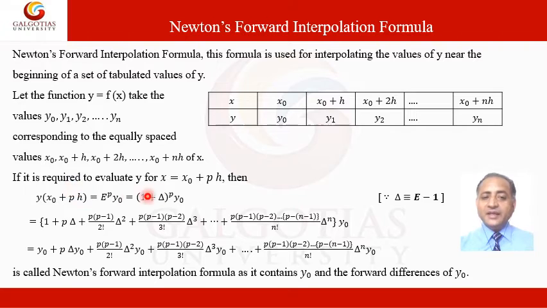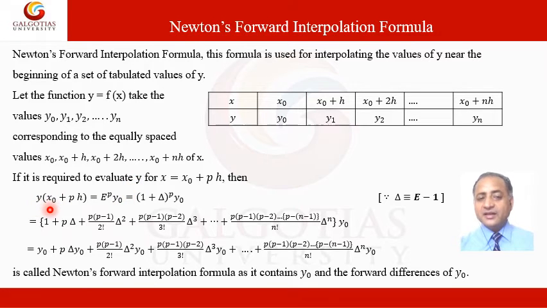Now, y at x, which is equal to x0 plus ph, can be written as E raised to the power p y0, where E is the shift operator. It means the index is p, so this operator will shift y0 to the next p steps.